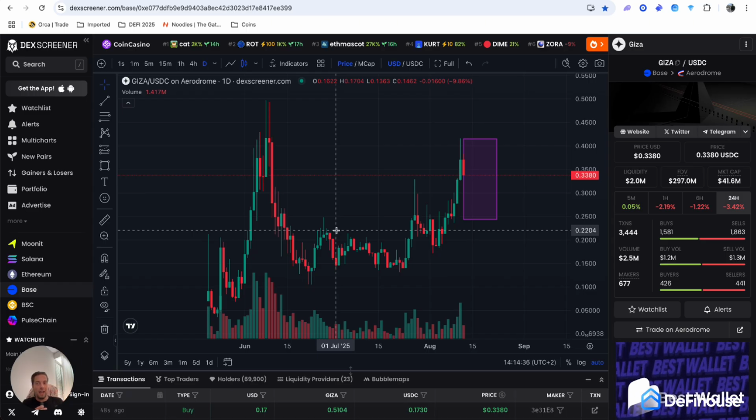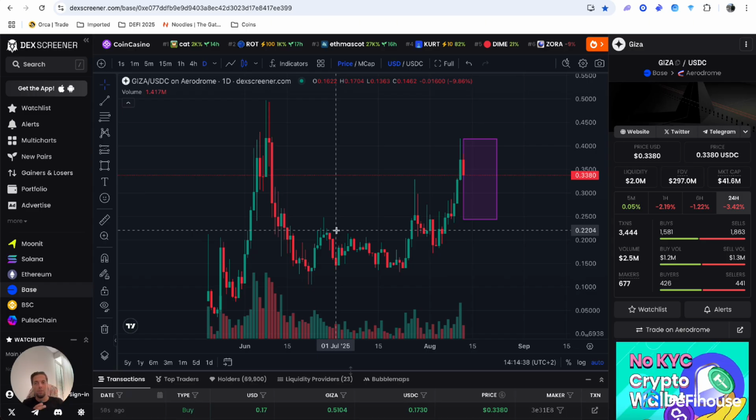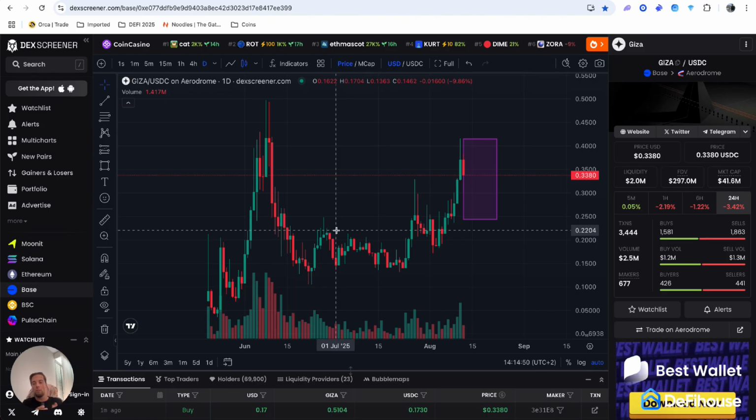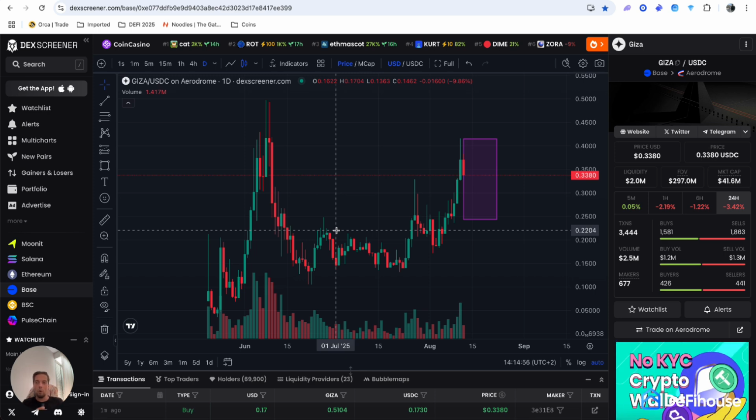And if you are not happy holding Giza for some period of time to recover the impermanent loss, or to stay in the pool for longer and gather the fees while Giza is down, etc., then you really have to think, do you actually need to enter into this pool? Maybe there are better pools or better assets that you want to enter, and you will be much more comfortable holding them for longer, right?